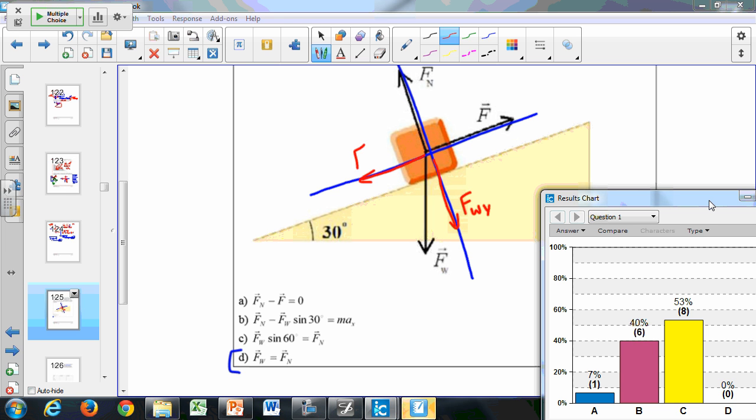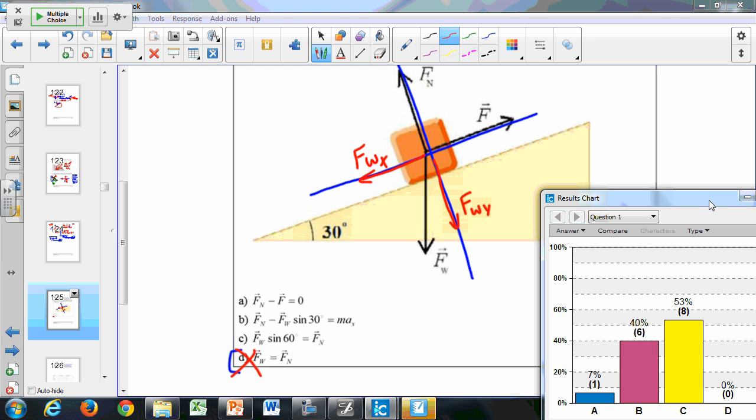If I break up my weight into FWX and FWY, it shows that D is not right. Also, A is not right for a similar reason, because the normal force, Fn, is on the y-axis, but this force F is on the x-axis, and those forces are not related to one another. Remember, we keep our x and our y separate whenever we're dealing with Newton's second law. So A is not the right answer.